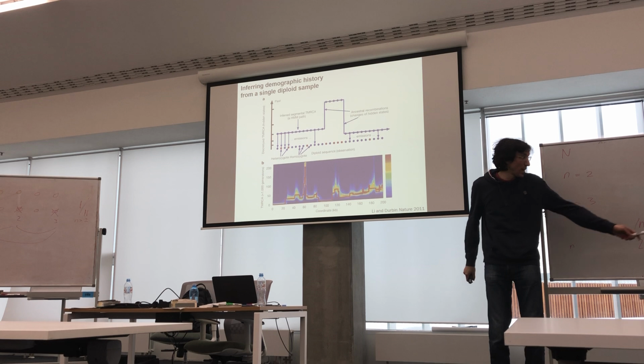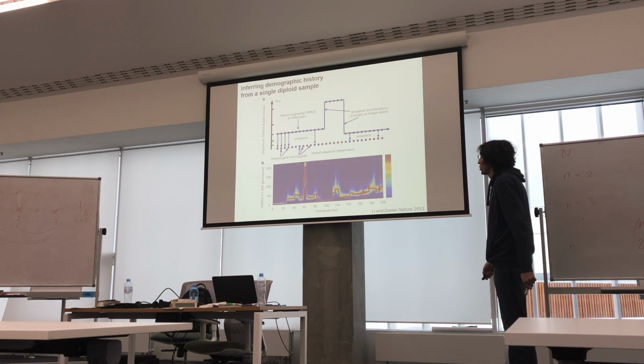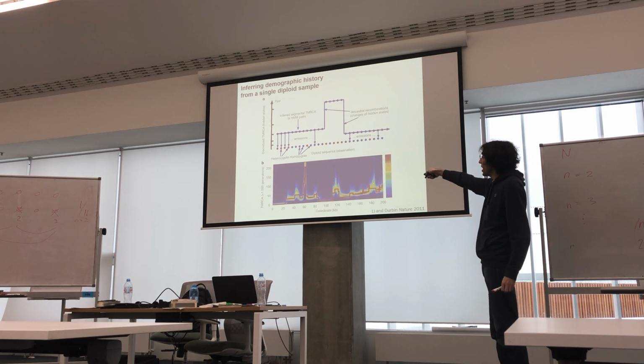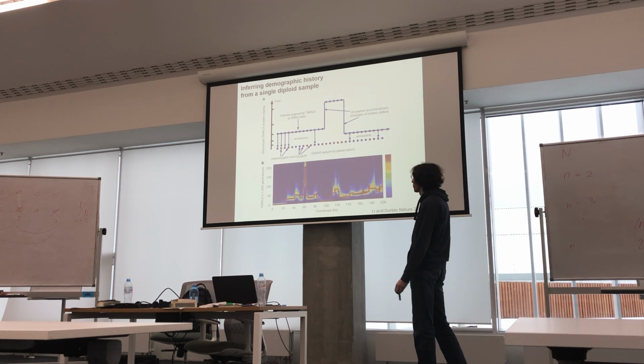It's a pairwise method, so it just takes as input the sequences of two genotypes, right? And all that you have is the distribution of these red dots, which are the positions of differences between these two genotypes.